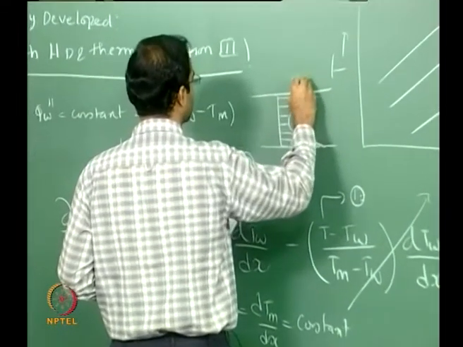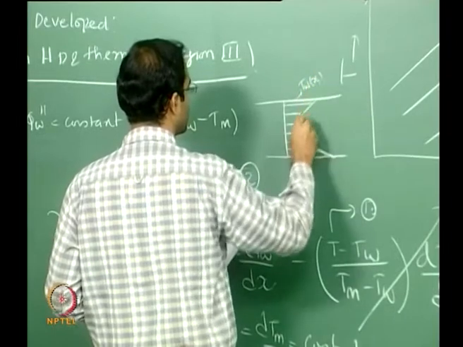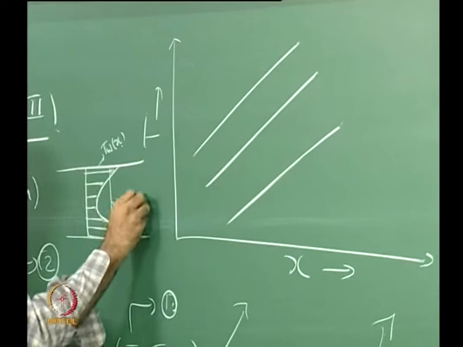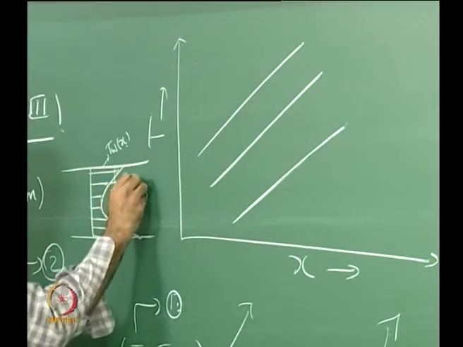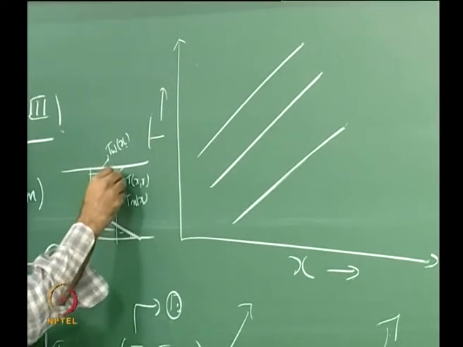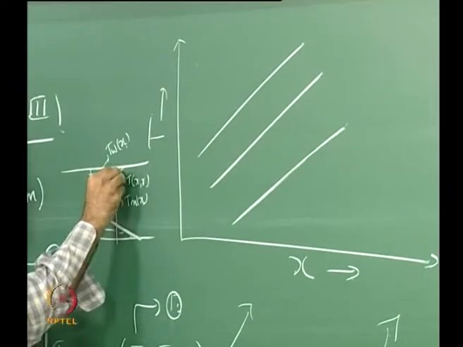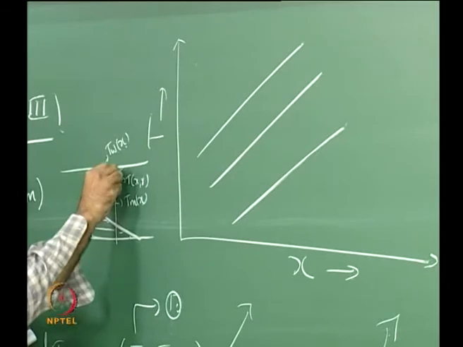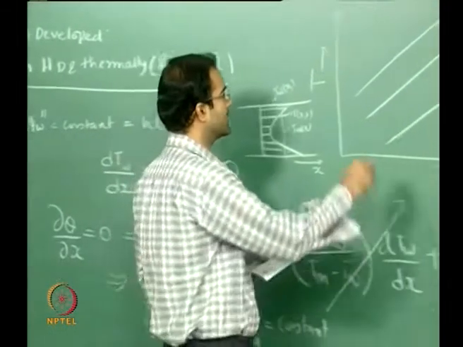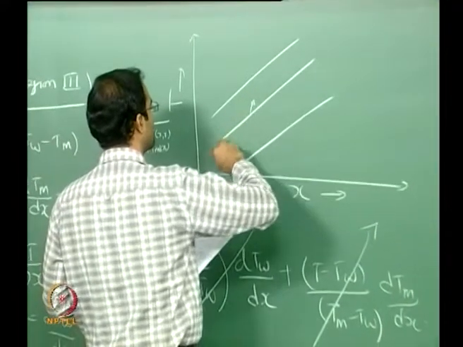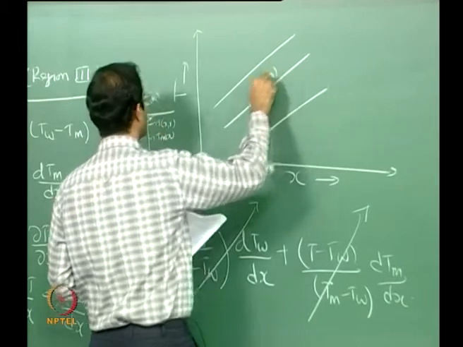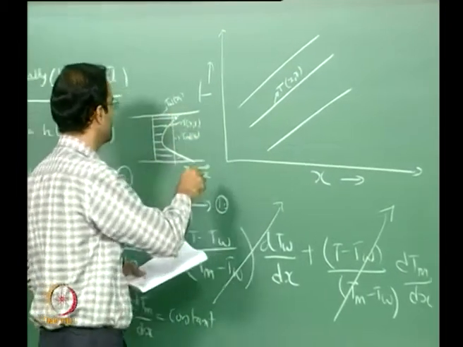Where you have T wall of x here, you can calculate Tm of x, and of course this is your T of x comma r. If you plot the local temperature along the axial direction, this follows a linear profile like this, maybe at some radial location.